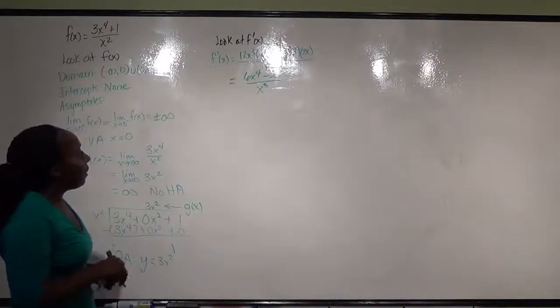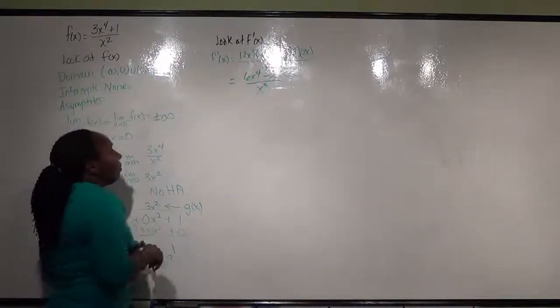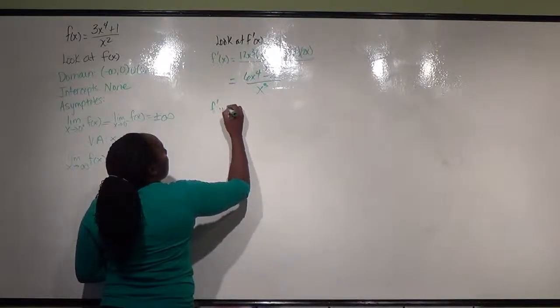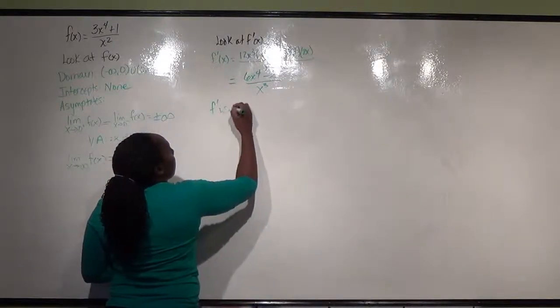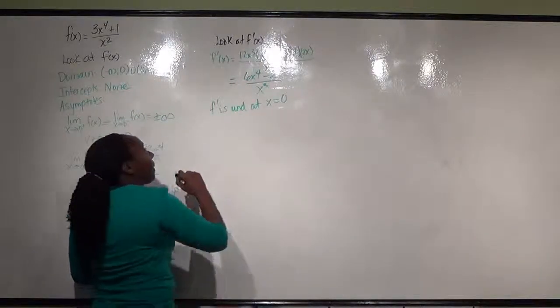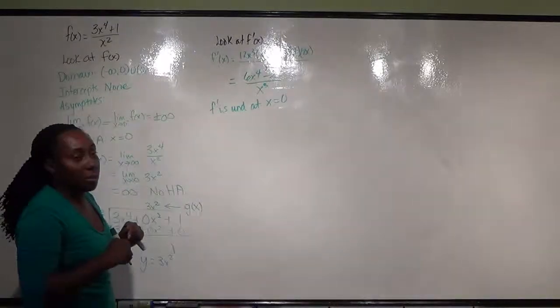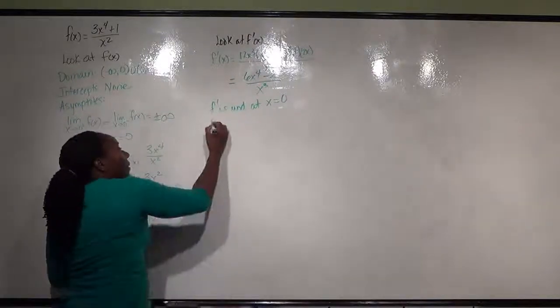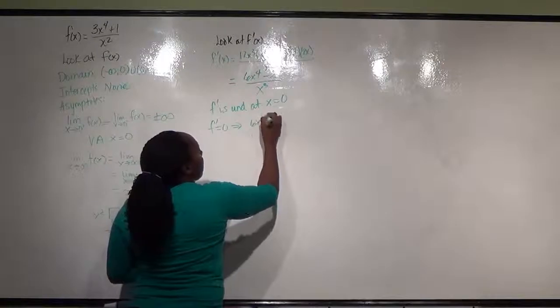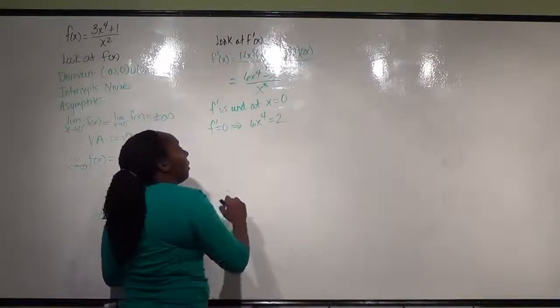Okay. Using that as our derivative, we can see that f prime is undefined at x equals 0. And for this one, because of that minus in the top, I can see that f prime will equal 0 when 6x to the 4th is equal to 2.